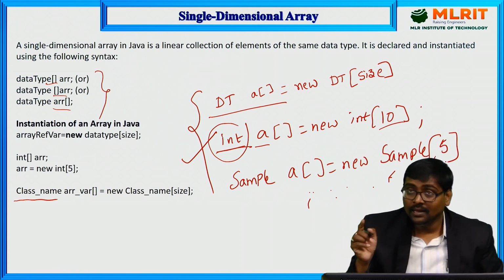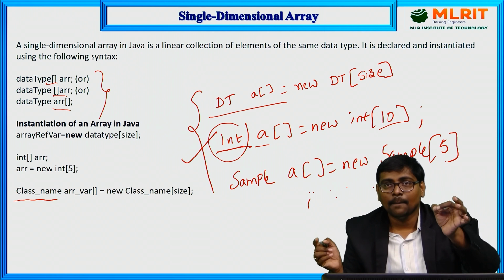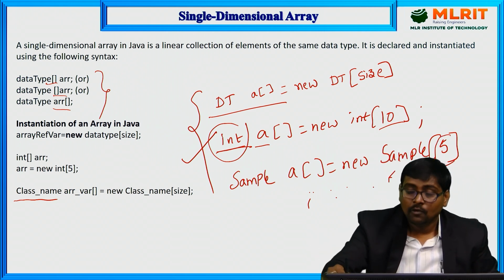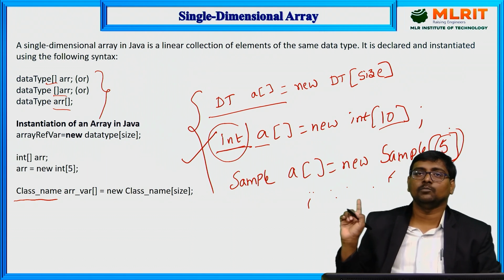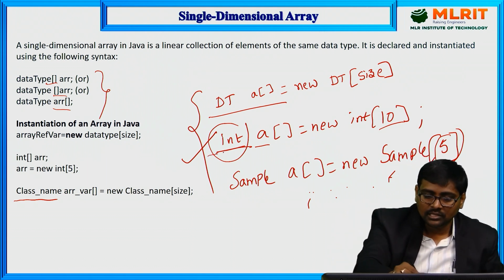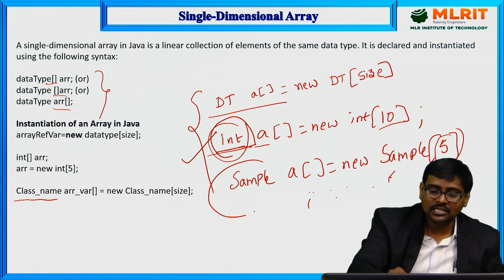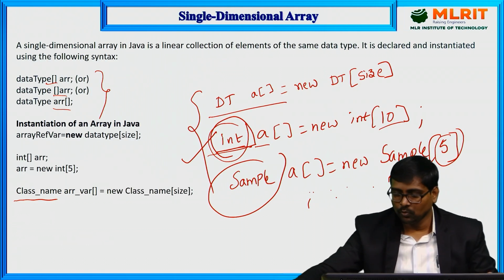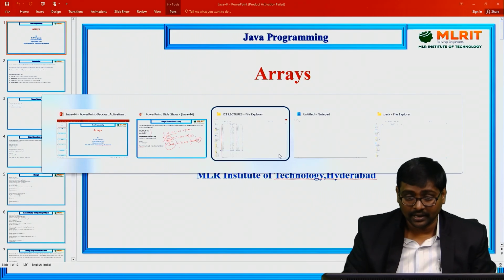The meaning is, for the class Sample, we are creating an array which can hold 5 Sample class objects. You got the difference? This is the primitive, and this is used for storing objects. Now let us move on to one example of creating an array.